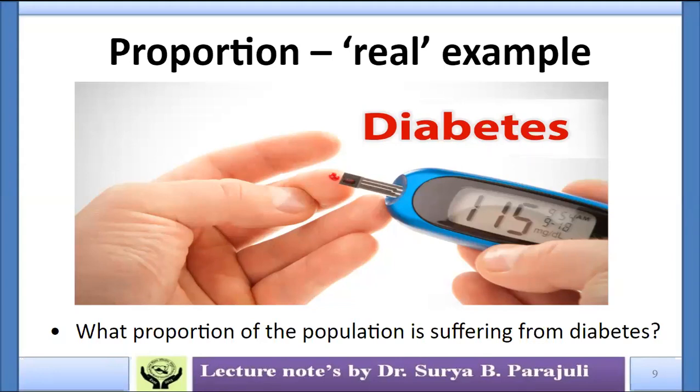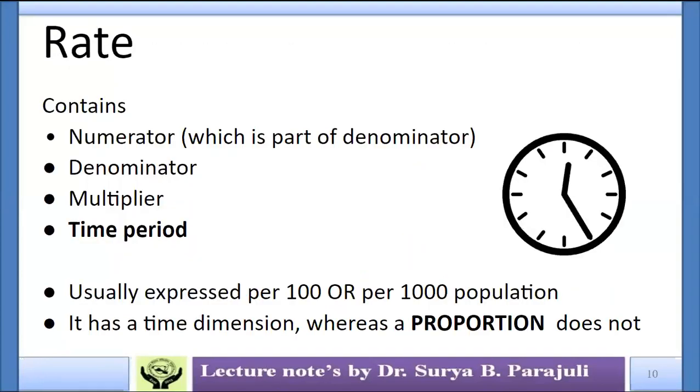What proportion we can easily identify. So among the population, the portion of patients tested for blood sugar, how many have a raised level of blood sugar? So we can identify the proportion. This is a real example in our clinical setting or health setting.